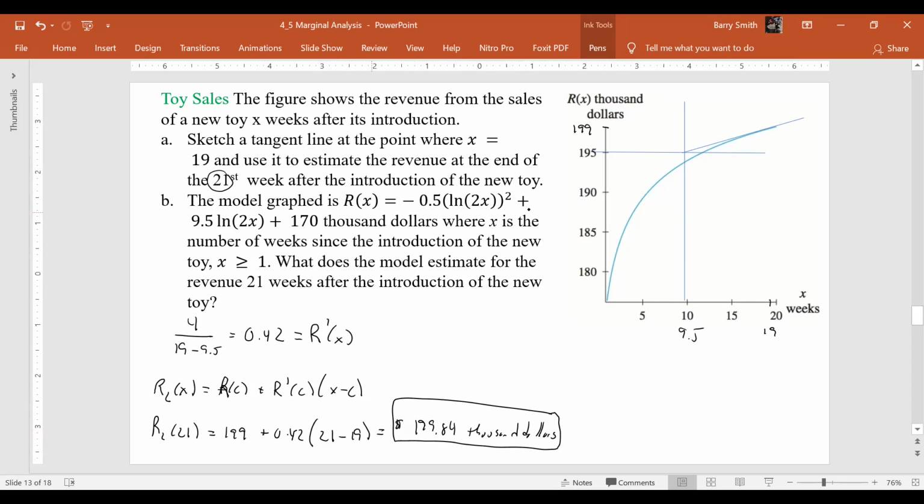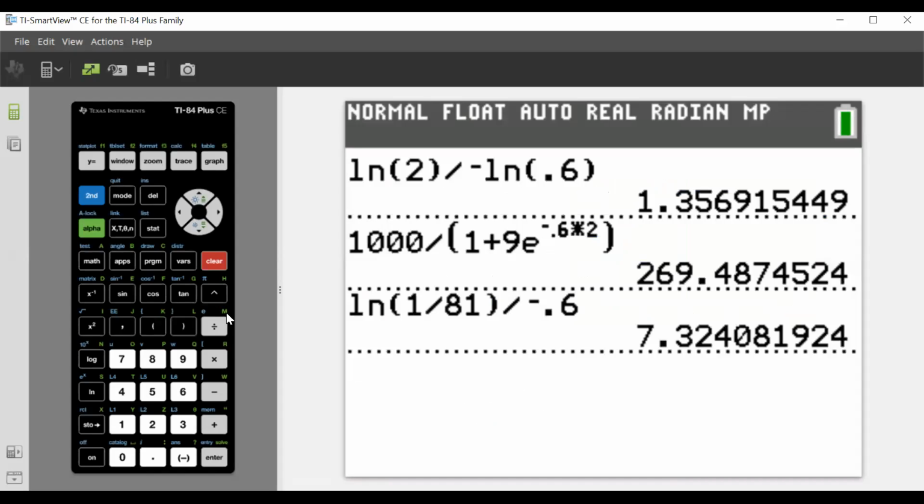All right, now they say that this graph is actually this function here, and we want to use that model to actually estimate the 21st week. So we have to go get our calculator and plug that in. Let's clear that out.